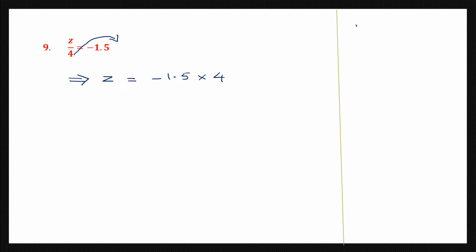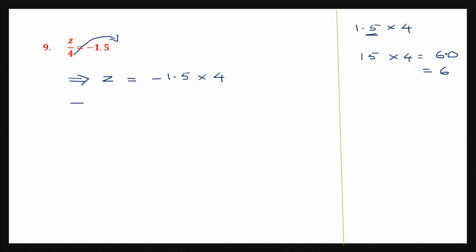So let's multiply 1.5 into 4. When we multiply decimal numbers, we ignore the point and we multiply. So it is 15 into 4. 15 fours are 60. Now go back to the question and see how many decimal places there are. There is 1. Our answer also will have 1 decimal place, so the answer is simply 6.